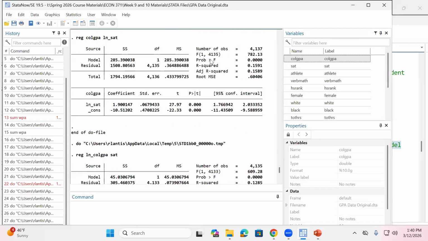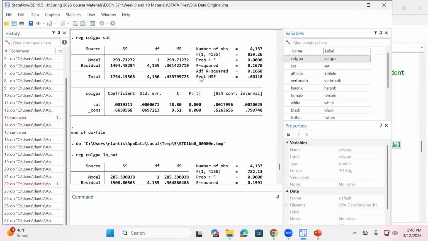If I compare that to the linear log, 0.159, okay, now that looks like it's the best one. Comparing it to the linear model, I actually have a situation here where these different specifications aren't necessarily better. In fact, in this case, what had the highest R squared? The regular linear model. That won't always be the case, but to determine what model we should be using, we can just compare those R squared values.